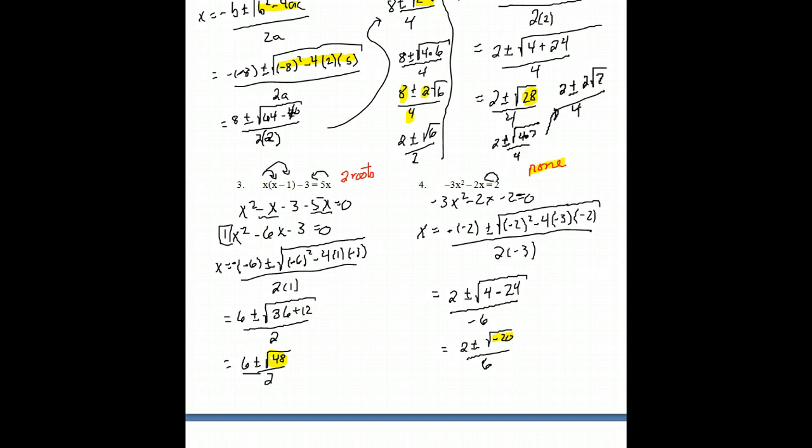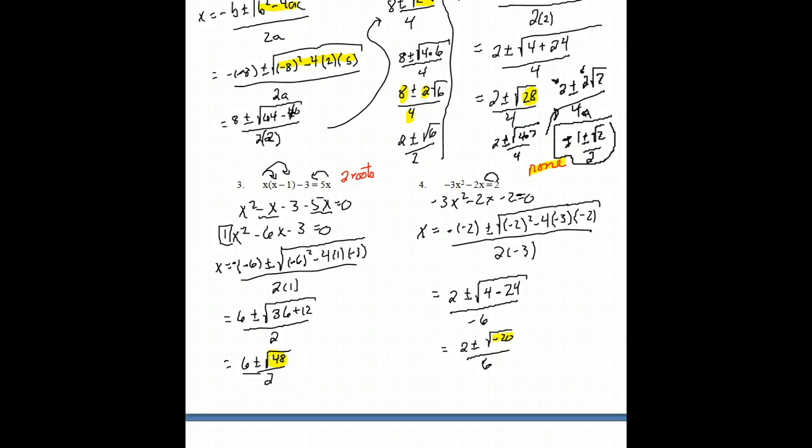All divided by 4. And then the 2, this 2, and 4 can all be divided by 2. So you would have 1 plus or minus root 7 all over 2. So this is your answer in that case.